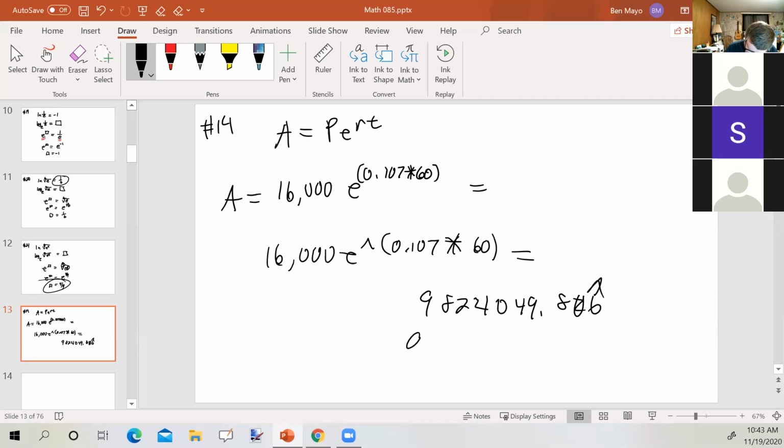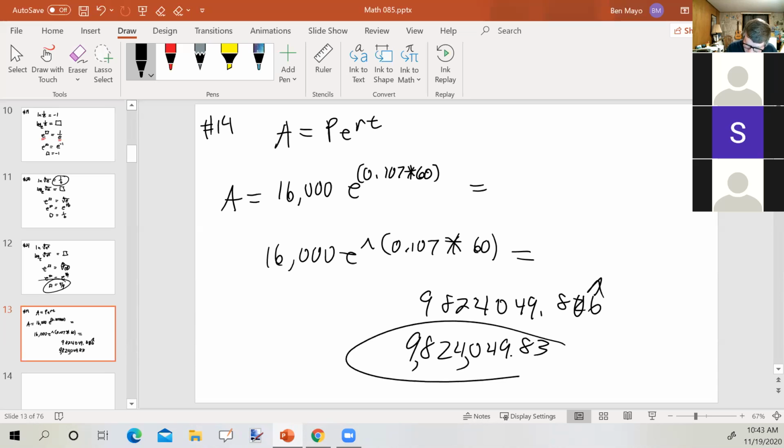The 6 is going to round up, so 9,824,049.83, comma there, comma there. So that would be your final answer. Okay. Questions there?